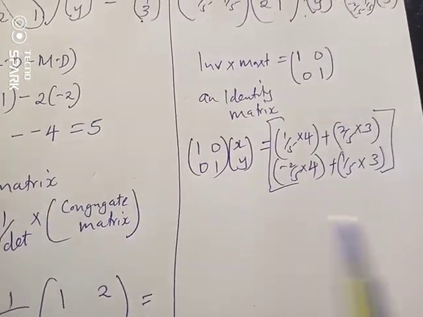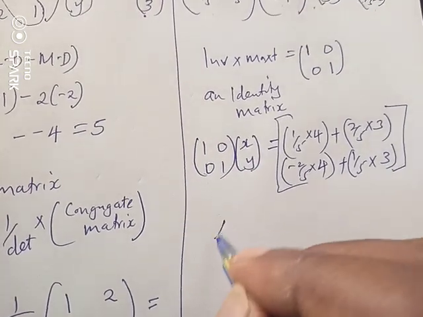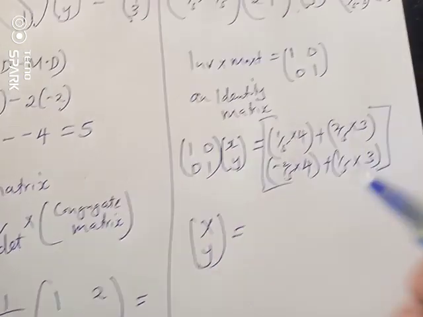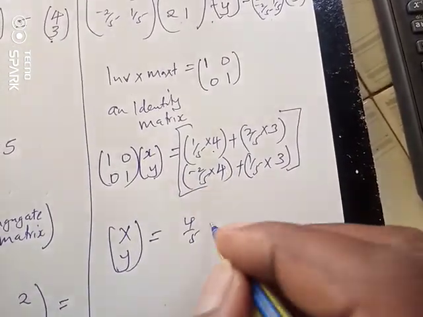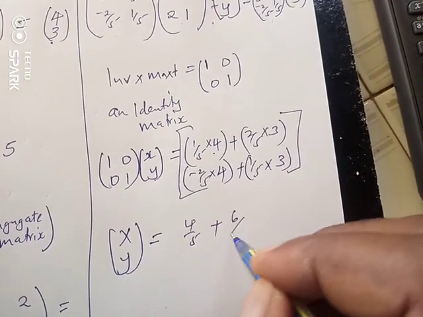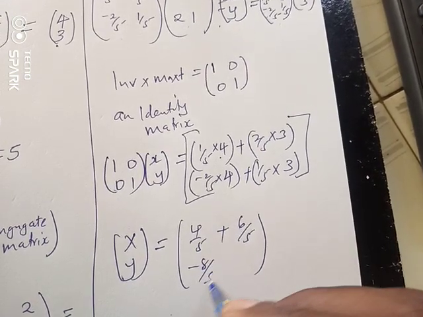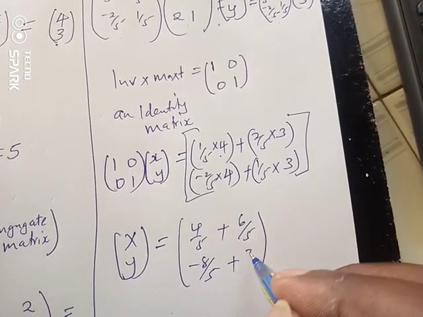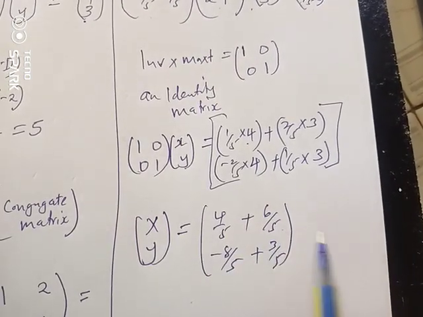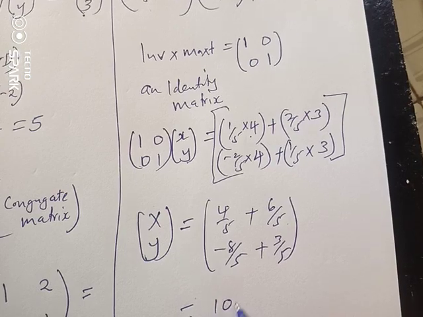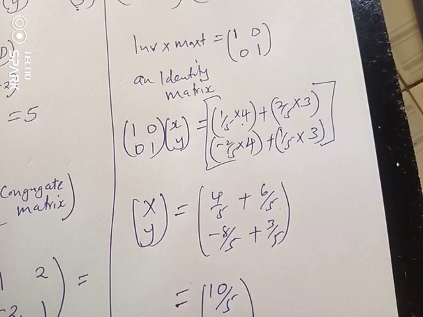So finalizing on the right side, the same row by column, we shall have x y alone. Finishing this, that is going to be 4 over 5 plus 6 over 5. Then on the lower side, we have negative 8 over 5 plus 3 over 5. Working this out, with LCM being 5, we shall have 10 over 5, and negative 5 over 5 on the lower side.